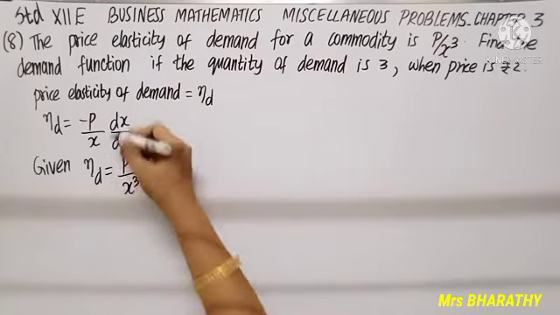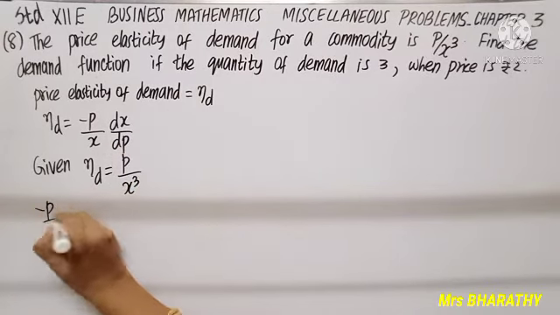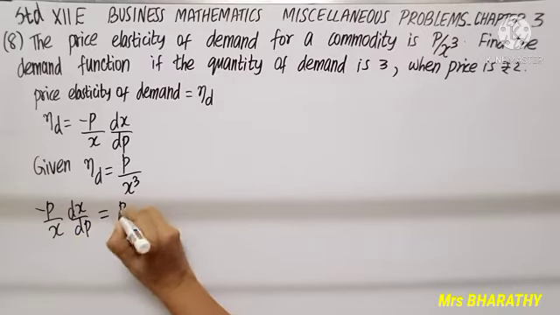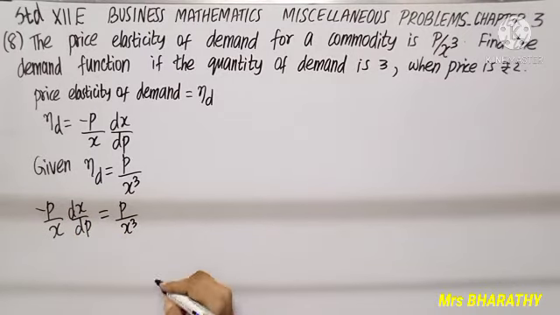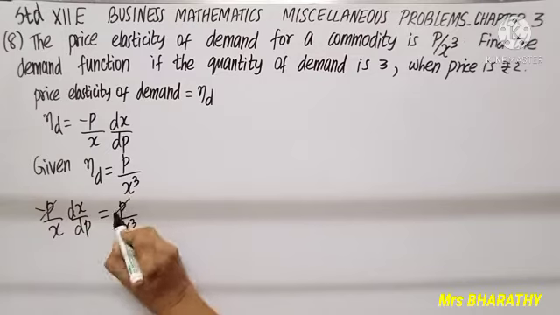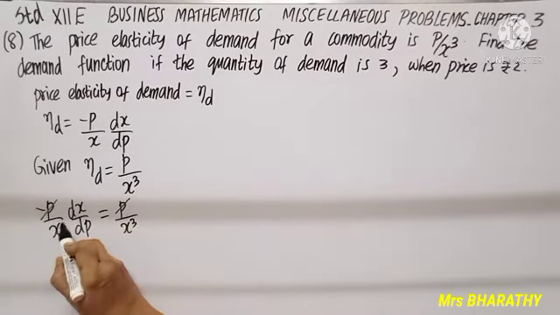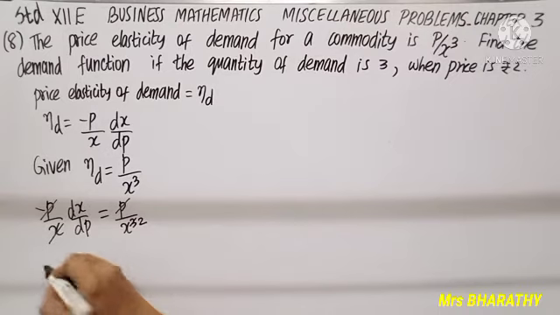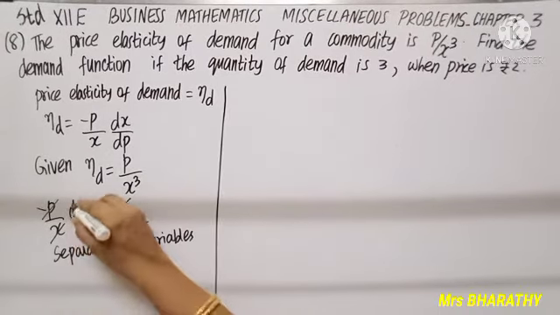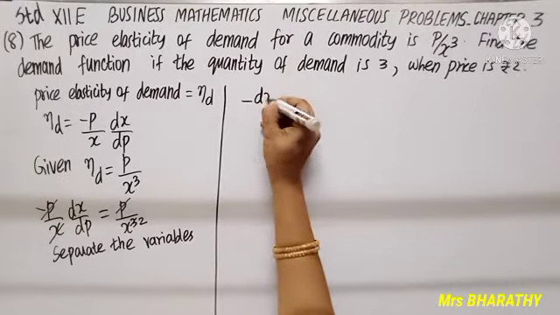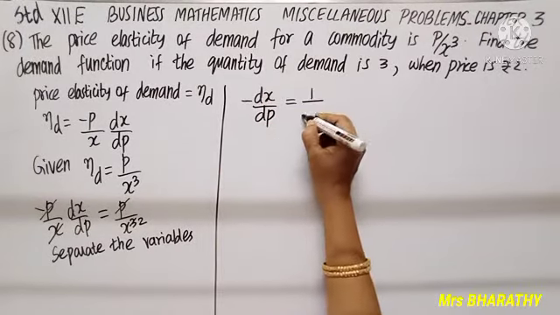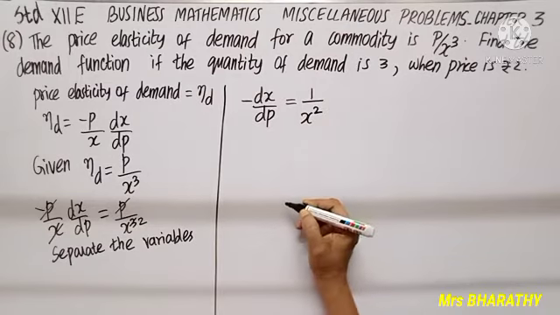Let us compare. Minus P by X dx by dP equals P by X cube. As I cancel P and P, and X, let us separate the variables. dx by dp is there. In the RHS, I have 1 by x square.